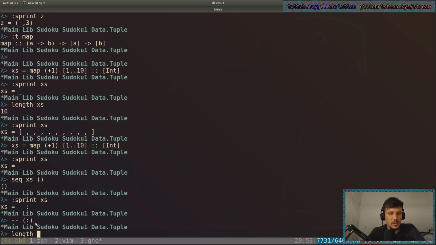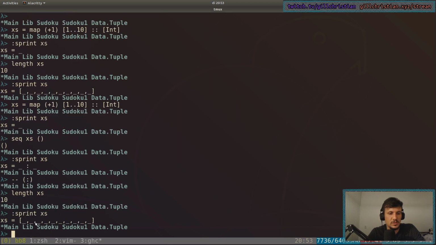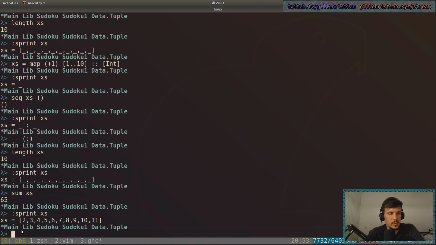So then we can do the length, then the whole spine of the list is evaluated, and we do sum of xs. Now all of them. Okay, so that's basically, in brief and probably omitting quite some from the book, how Haskell code is evaluated.